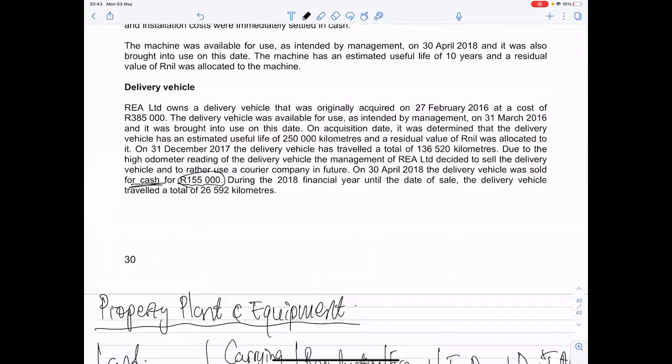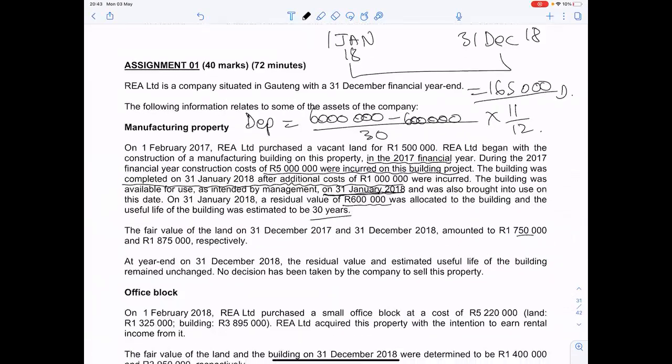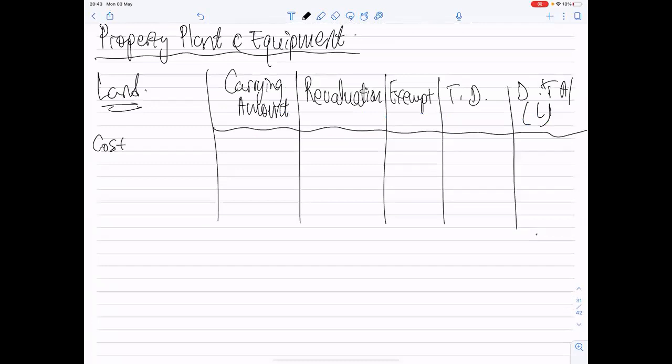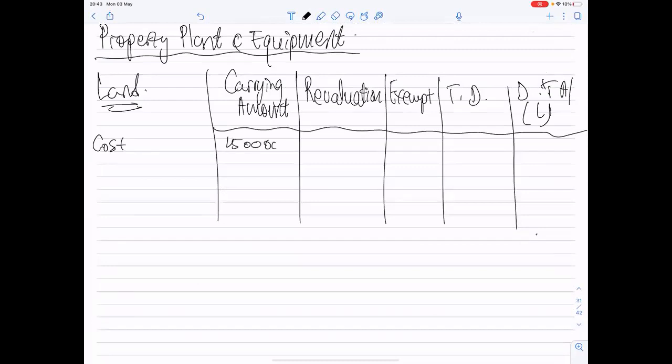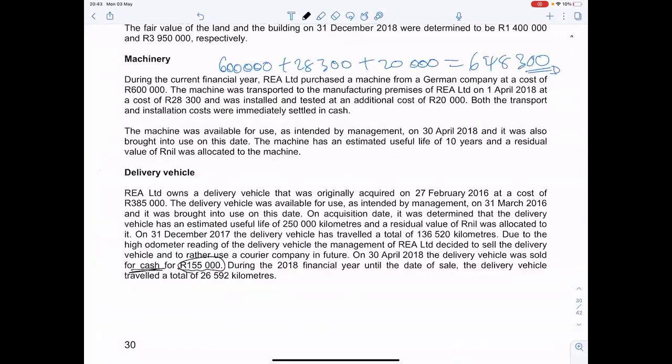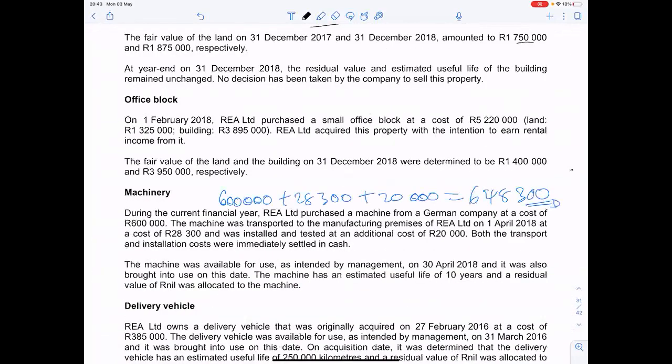So if we are to look at our land, good people, when it was acquired, its cost was 1.5 million. That was in 2017, 1 February. Then on carrying amount, 31 December 2017, the carrying amount of the land, you can actually check it from our PPE, it was 1,750.